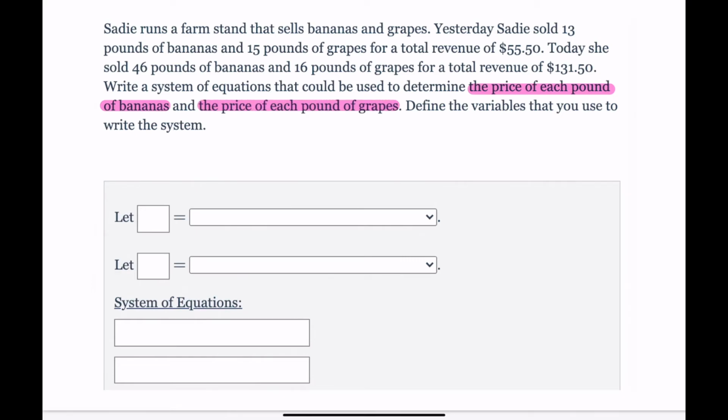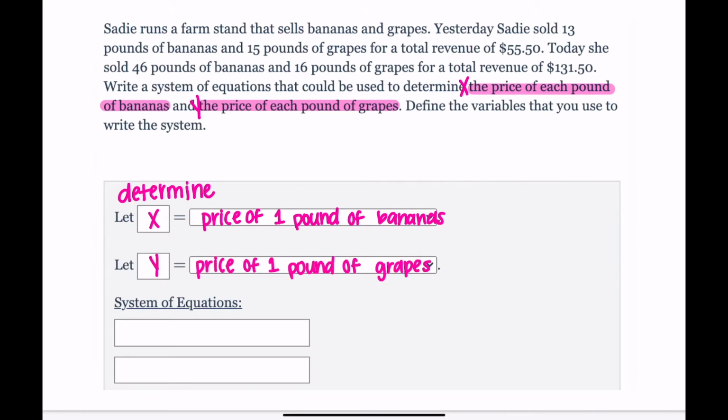So we need to determine those 2 things using our variables. So we need to determine X and Y, where X represents the price of each pound of bananas and Y represents the price of each pound of grapes. Okay, now let's see what we know.